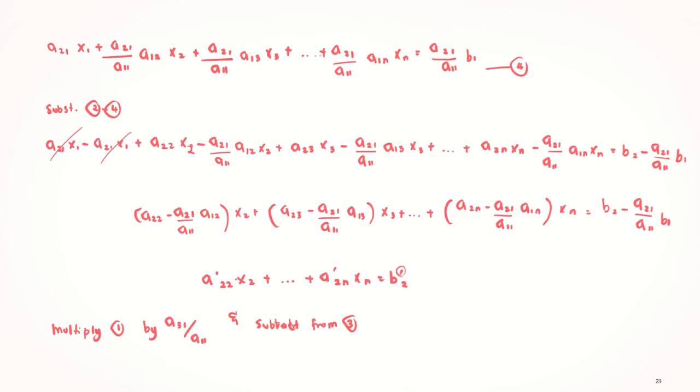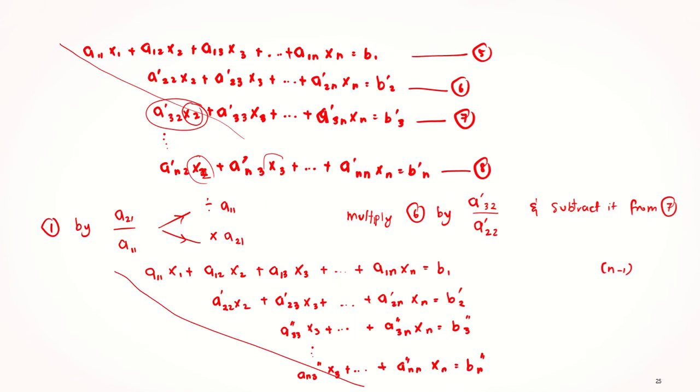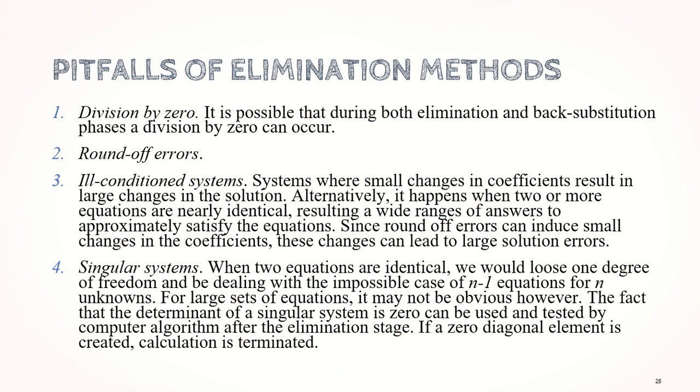So from there we can see the pitfalls of the elimination method. If you refer back to the example that we have done previously, the first thing I would like to highlight here is the round-off error.